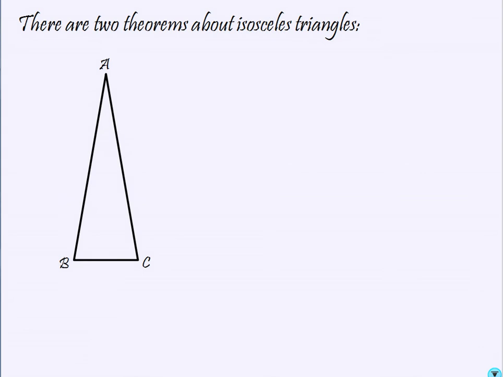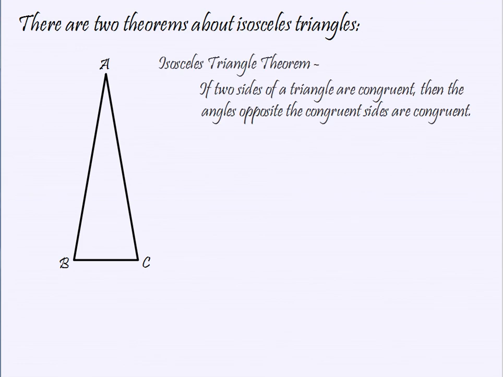So there's 2 theorems about isosceles triangles that can help us out with certain problems that you'll see later. The isosceles triangle theorem actually says if 2 sides of a triangle are congruent, then the angles opposite the congruent sides are congruent. Now that's a lot of words, right?